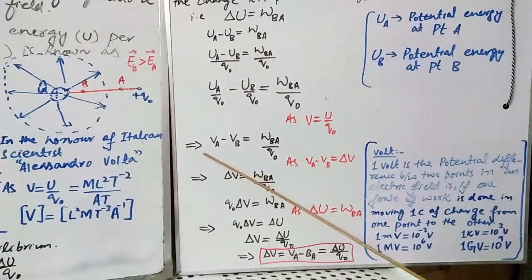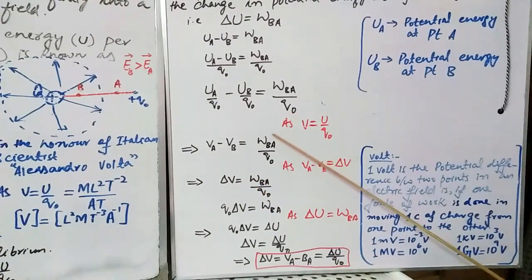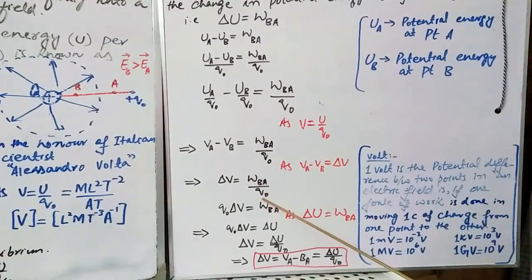As VA minus VB is delta V, instead of VA minus VB I wrote delta V equals work done from B to A over Q naught.